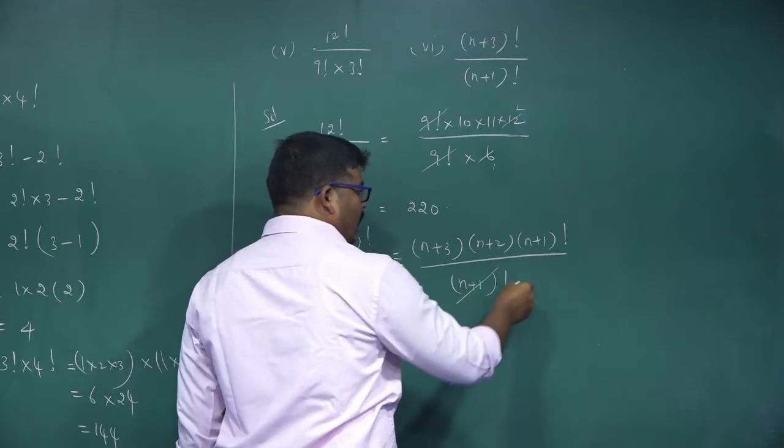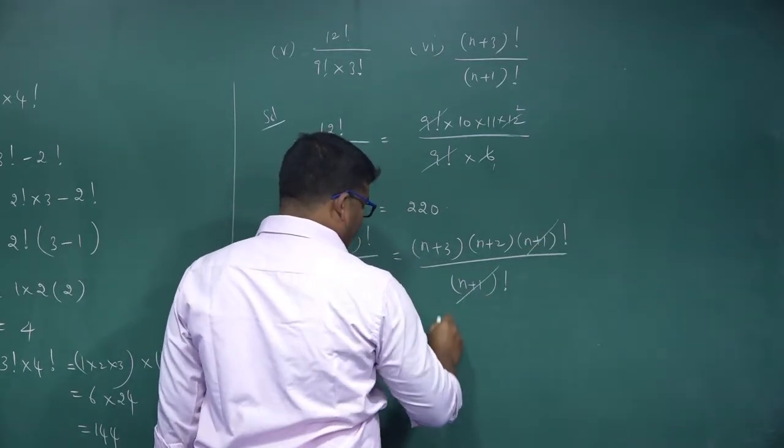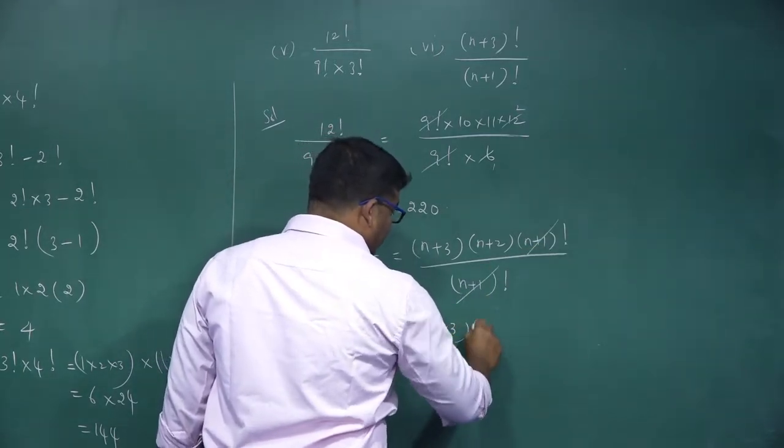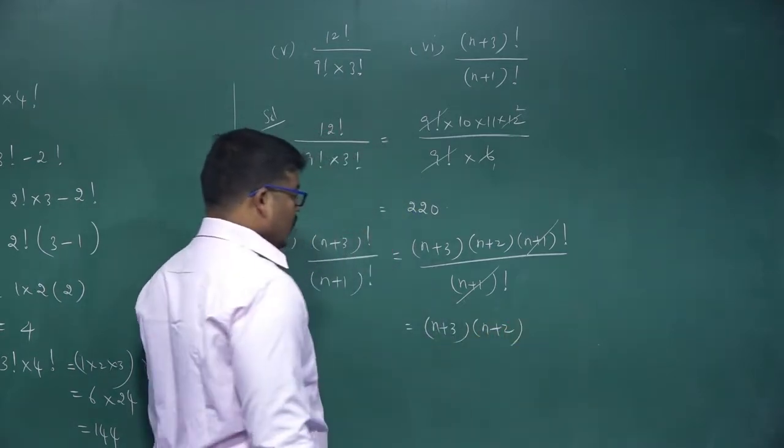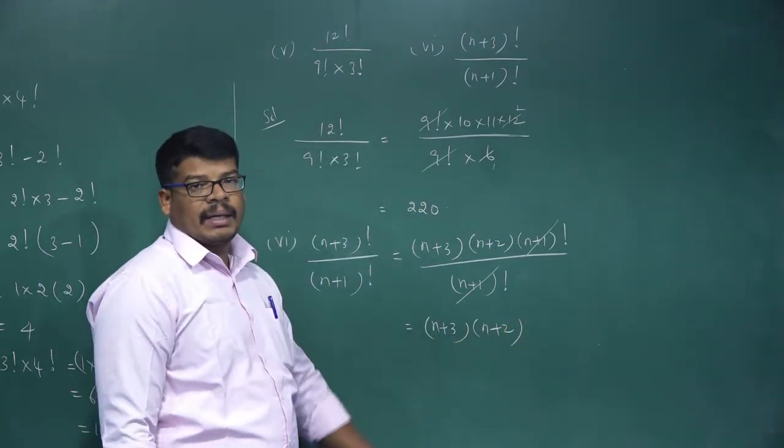Now n plus 1 factorial cancels, and the remaining value is n plus 3 into n plus 2. This answer is n plus 3 into n plus 2.